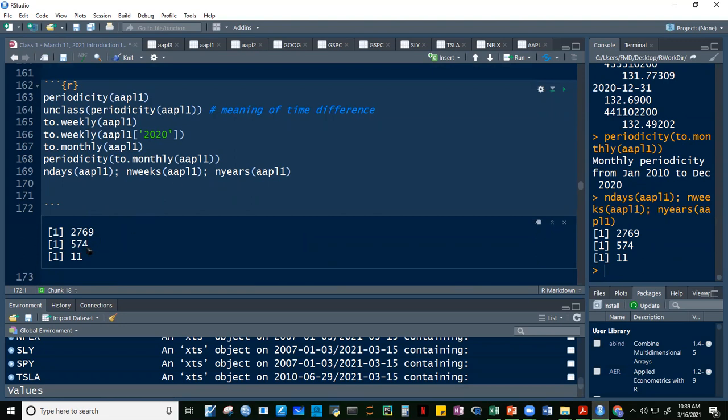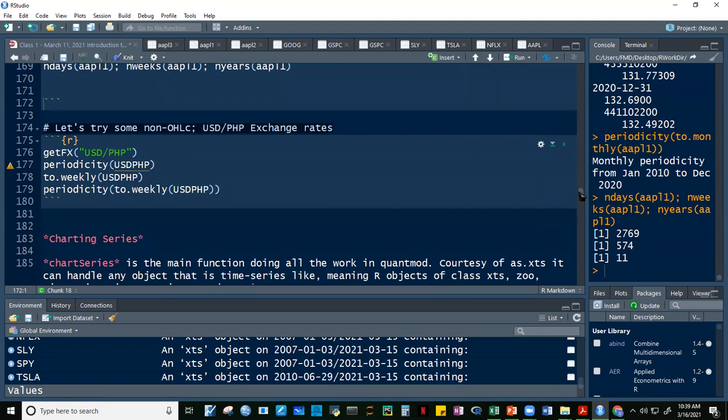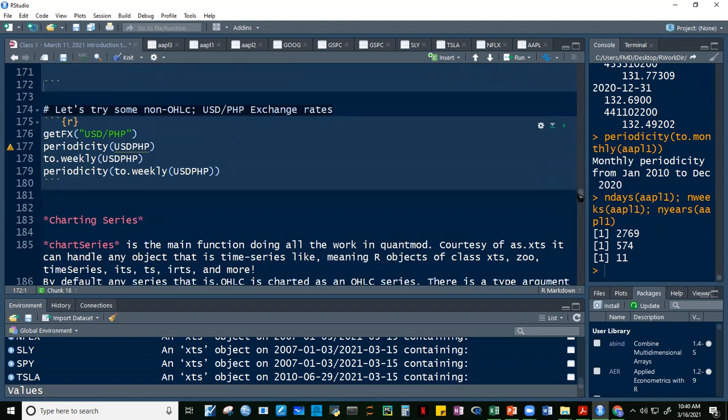Ilang weeks, 574 weeks. Ilang years, 11 years. Okay, any questions guys? None, sir. Okay, we can also get, hindi lang stocks pati yung FX rate, no? Kunyari, US dollar, Philippine peso.